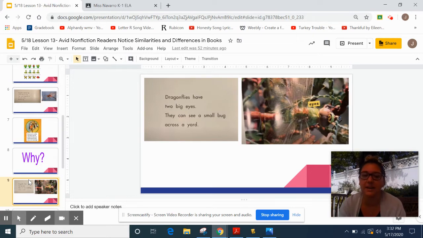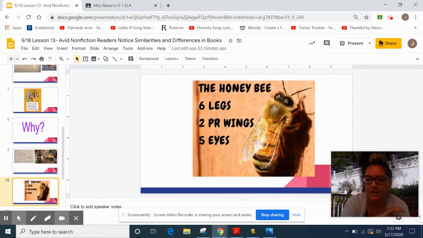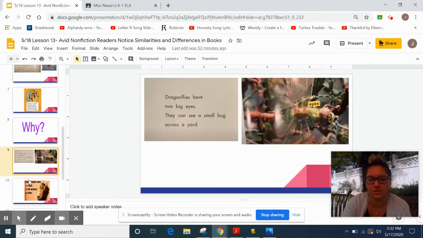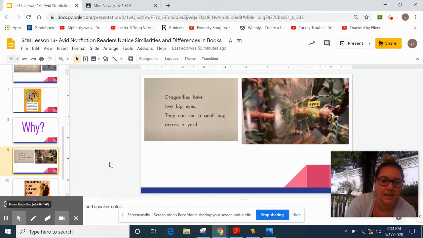So here's the dragonfly. Dragonflies have 2 big eyes. They can see a small bug across the yard. Here's honeybees. The honeybee has 6 legs, 2 wings, and 5 eyes. So tell me, what is the same between these 2 about what we just read? About the dragonflies and the honeybee.